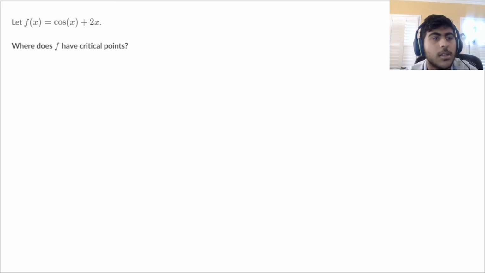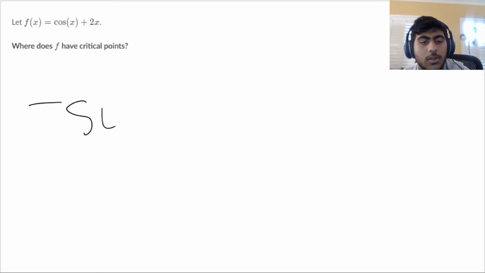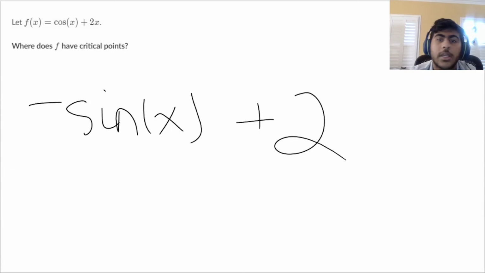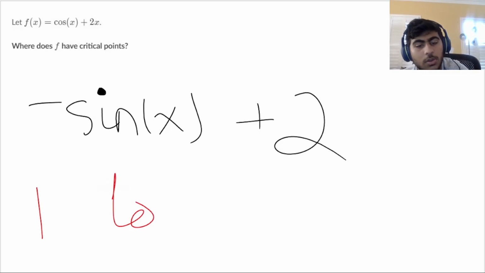Let's keep going. You know the drill. Now here we have something interesting. Negative sine x, right? Sine x has a range from -1 to +1. But yet we have a +2, so the range for this function is just going to be 1 to 3.